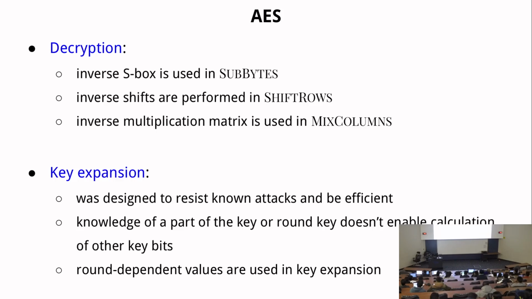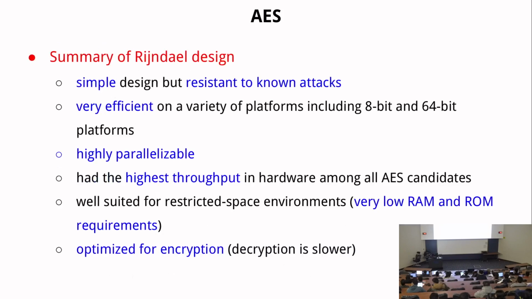And key expansion was also designed to resist some known attacks, and at the same time to be very efficient. So this proposal won the competition and became the standard because it's a very simple design. Looks like everyone can understand it.